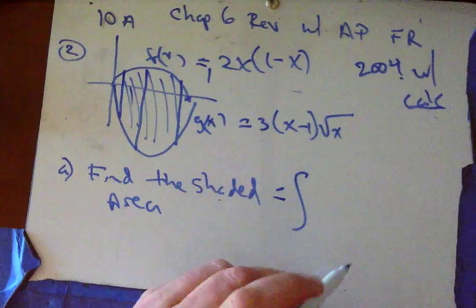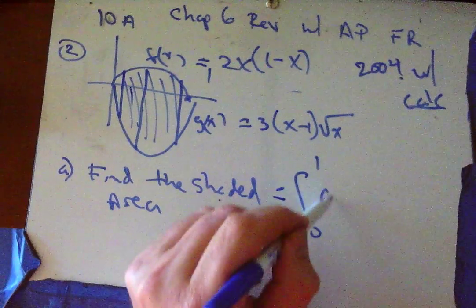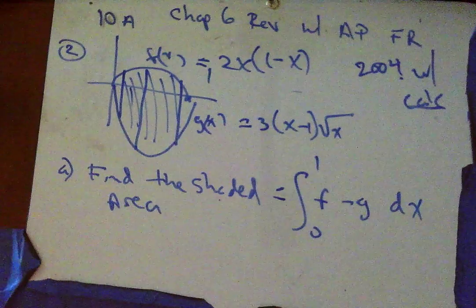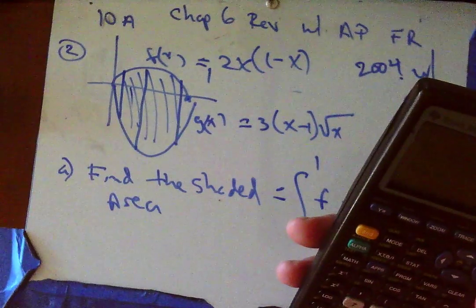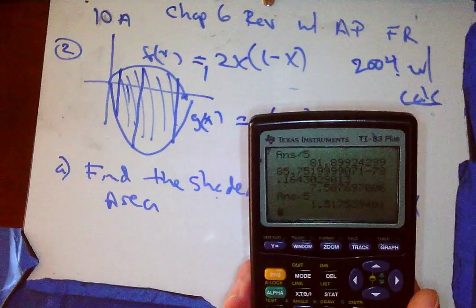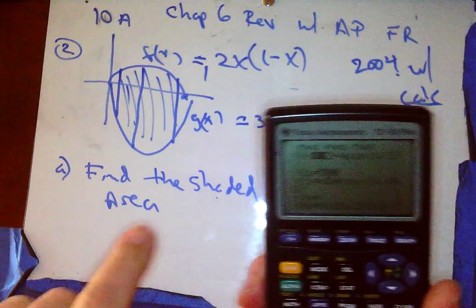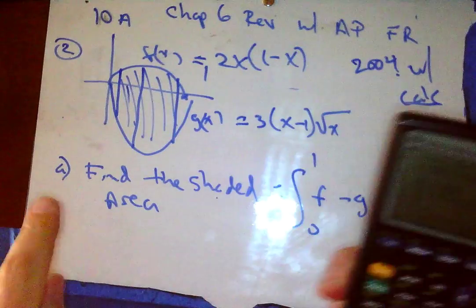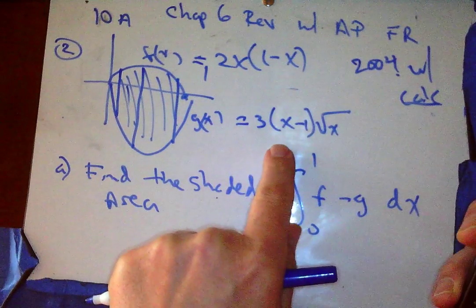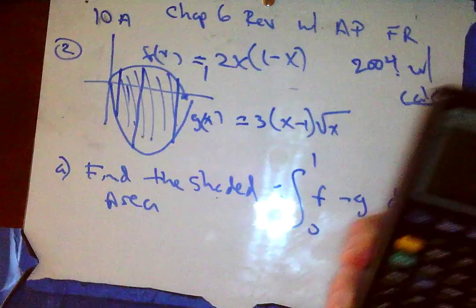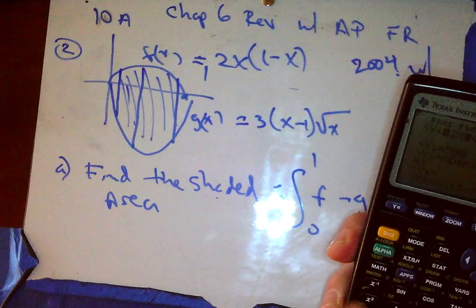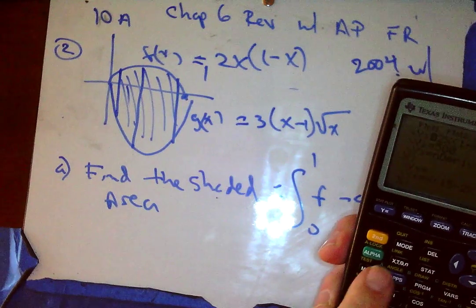So for me, it's just going to be the integral from 0 to 1 of f minus g. That's all they want here. So I do have to type these formulas in. You could type them in, like in y1, you could type f, then minus g. Maybe do that. I was thinking I would not do that, but yeah, why not? 2x times 1 minus x.